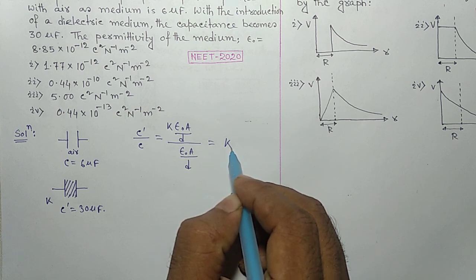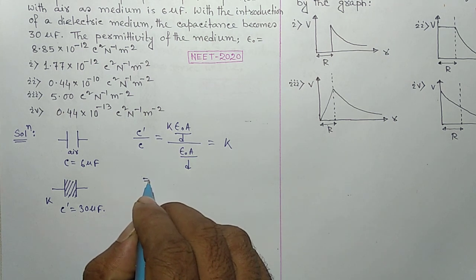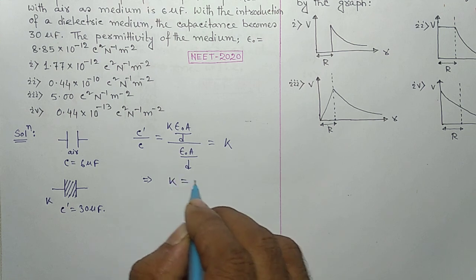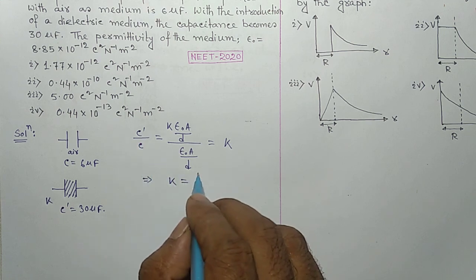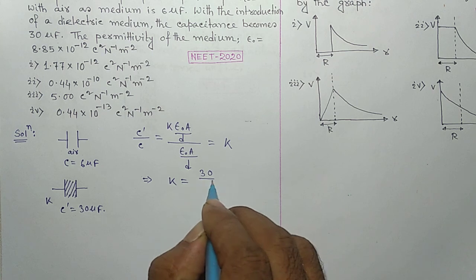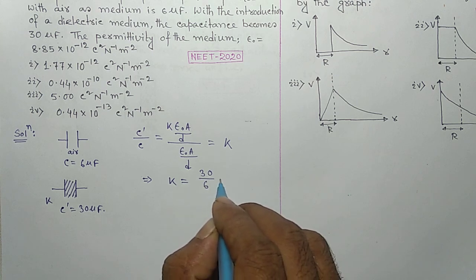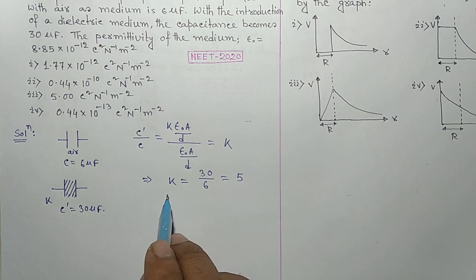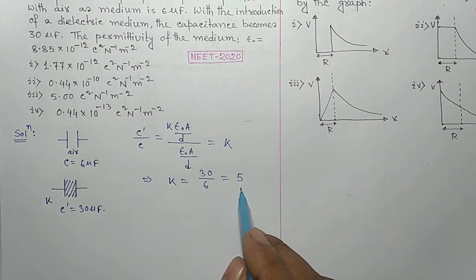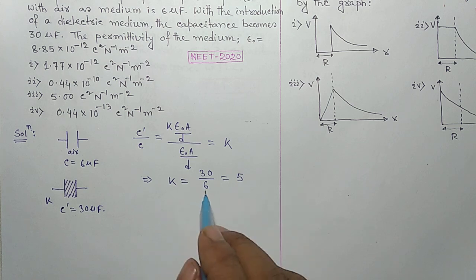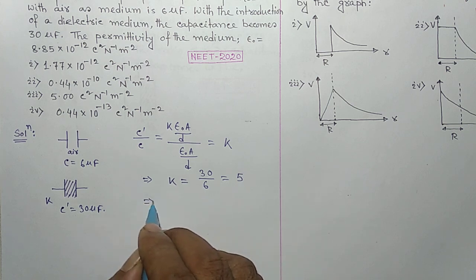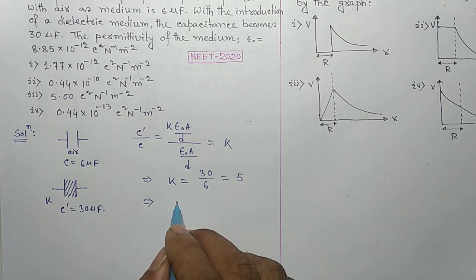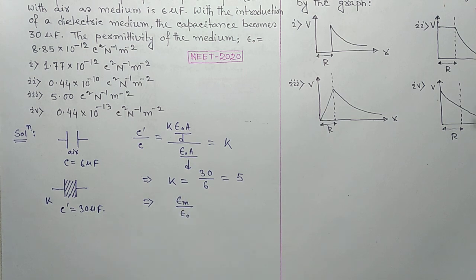Now K is equal to C dash by C, that means 30 microfarad divided by 6 microfarad is equal to 5. So the value of dielectric constant K is 5. Also we know that K is equal to epsilon m divided by epsilon naught.